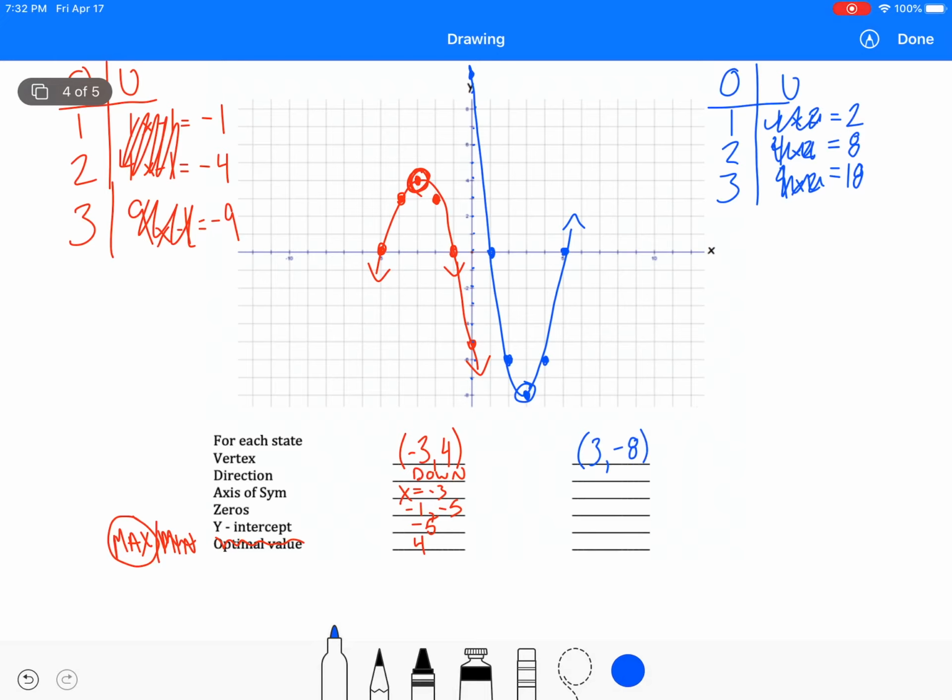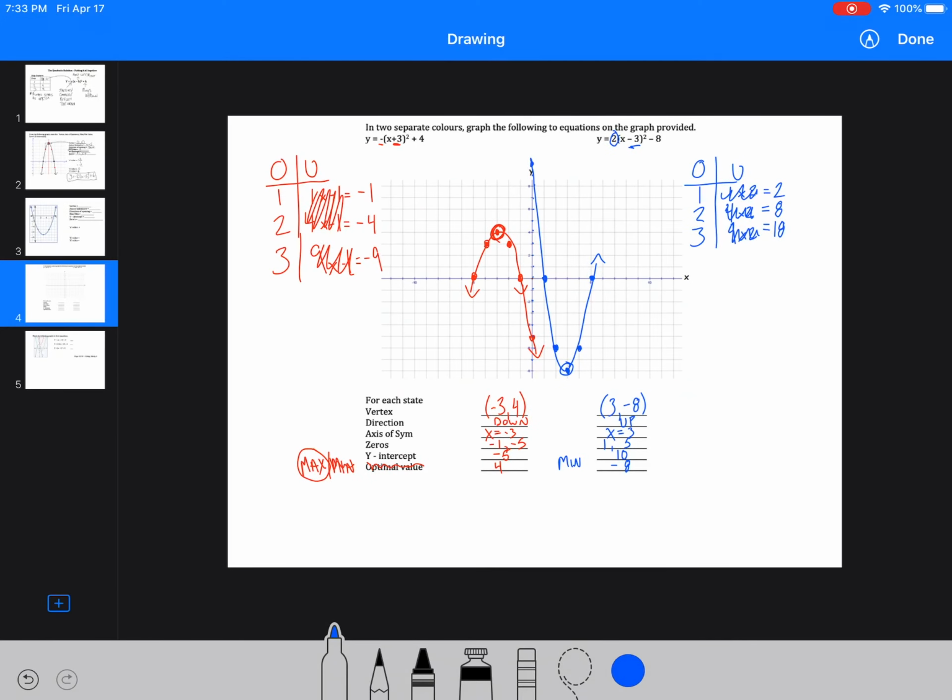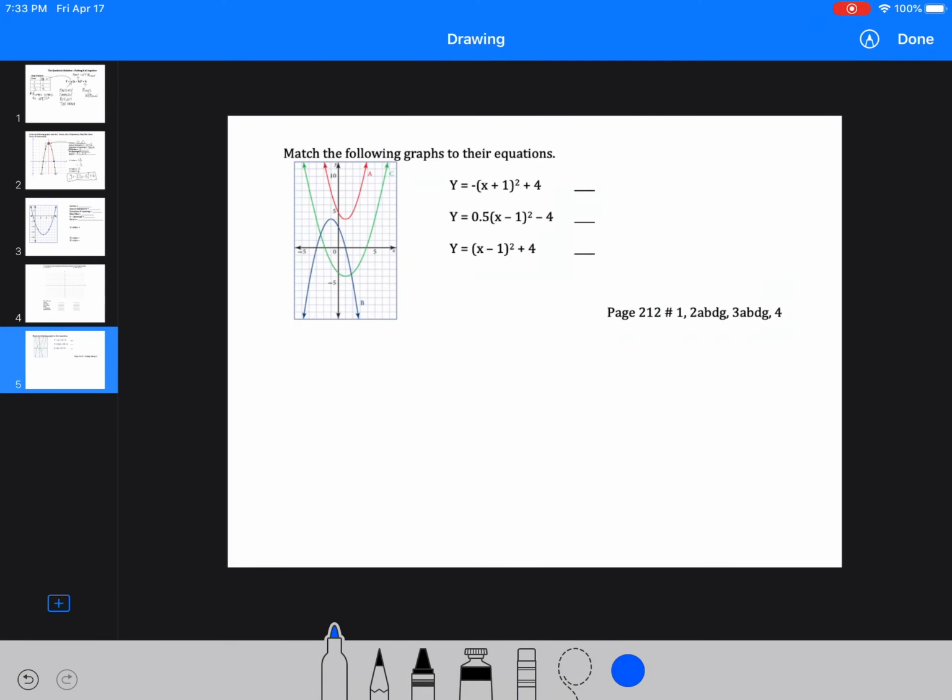Okay, so then our vertex down at the bottom, we've got 3 and -8. This is going up. The axis of symmetry is x equals 3. The x-intercepts are 1 and 5. The y-intercept, we just said, was 10. And this one is a minimum of -8.